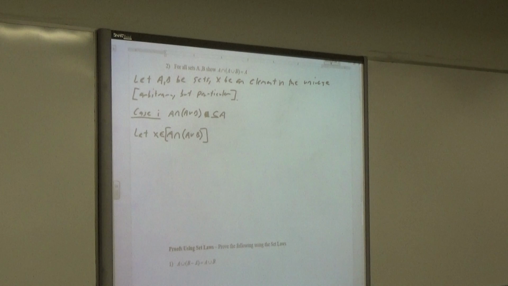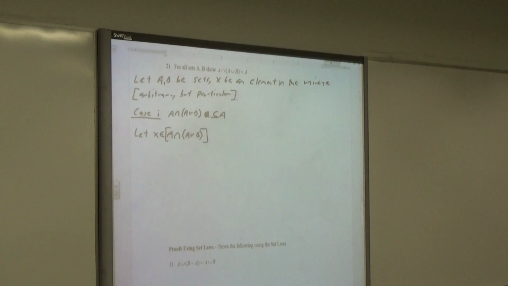Well, what's the only thing we know how to do with sets? Are you talking about a distributive property? Well, we don't know that yet, we can't prove that. Say that X is an element of A and X is an element of A union B. Yes, use the procedural definitions.